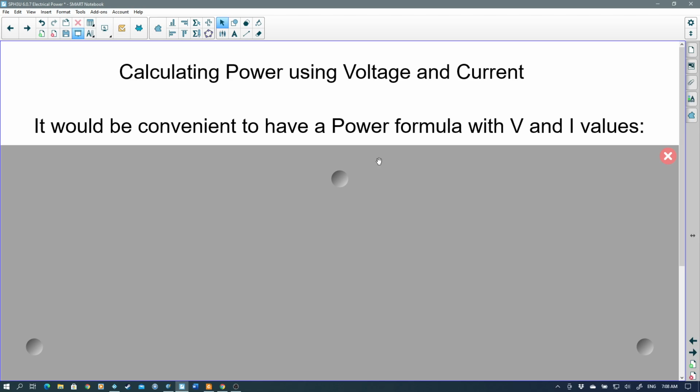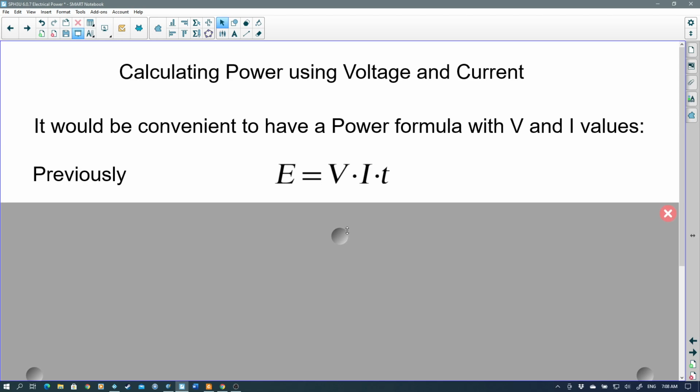So how do we calculate power using voltage and current? Power, as you saw in the previous equation, was energy over time. Because we're working with electricity here, is there any way that we could convert that equation to be using voltages and currents instead? Because that would be very convenient if we could do that. So we've previously seen an equation when we were dealing with what voltage was.